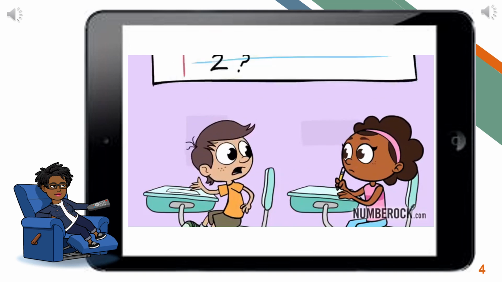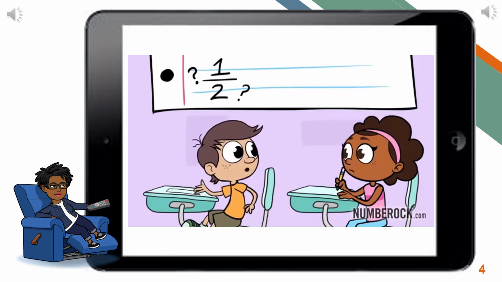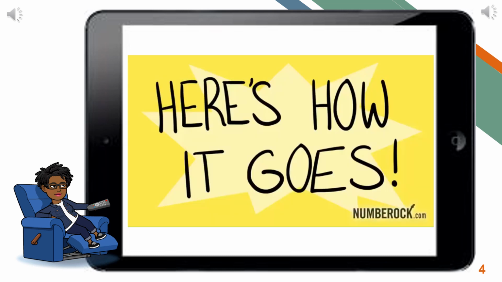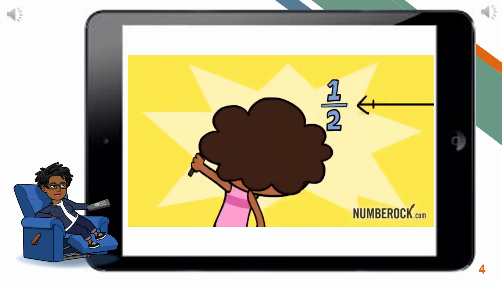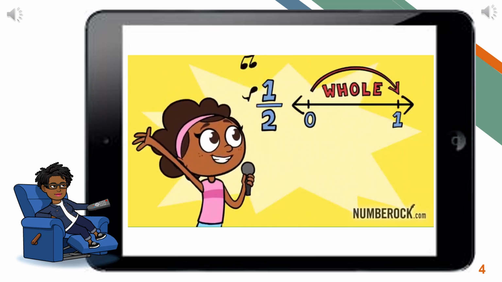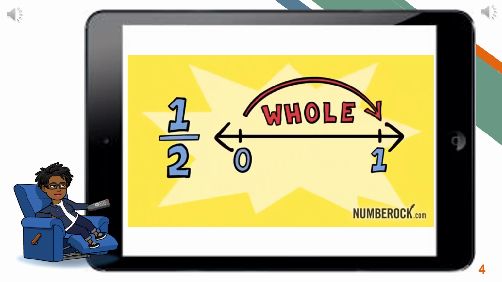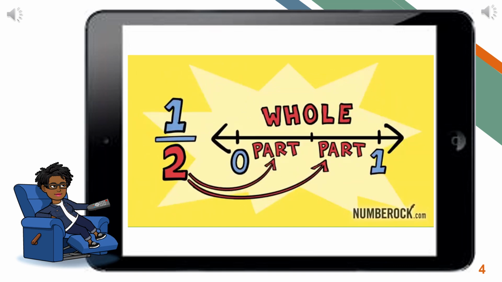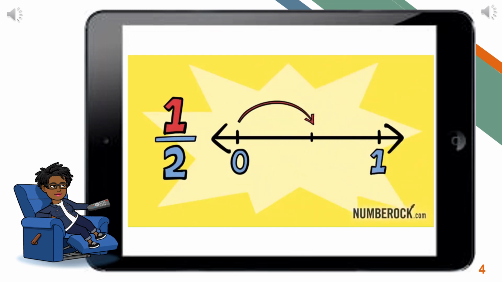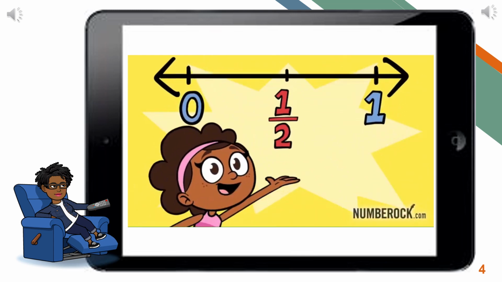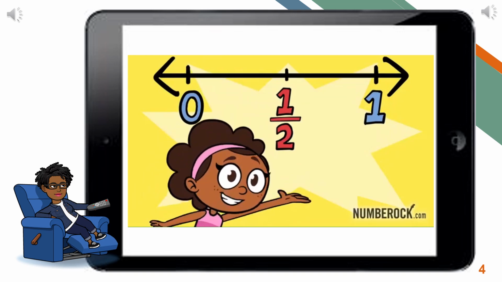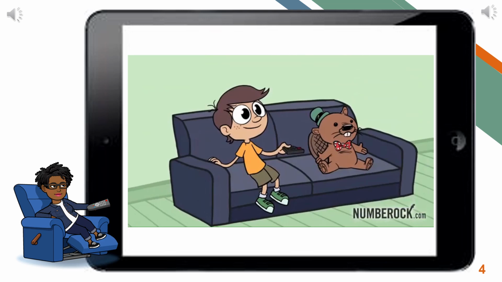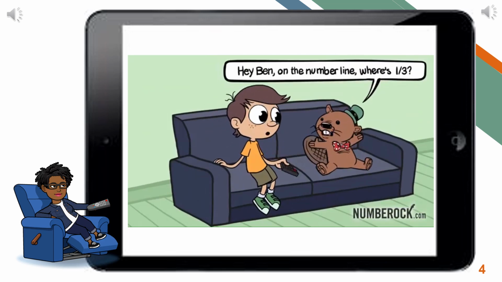I asked my friend if she could help me find where to write 1/2 on the number line. She said, first draw a line with 2 arrows. Then she sang a song, here's how it goes. 0 to 1 is the whole that we split apart. The denominator tells us into how many parts. Make a line that starts from 0 to the first mark, and 1/2 is what you'll find when you get that far. My stuffed animal can't talk, but I thought I heard, Hey Ben, on the number line, where's 1/3?